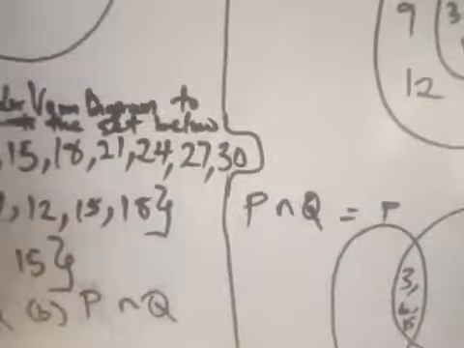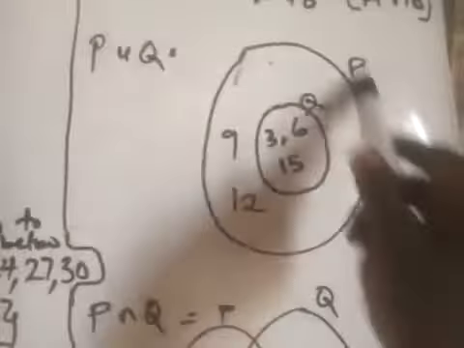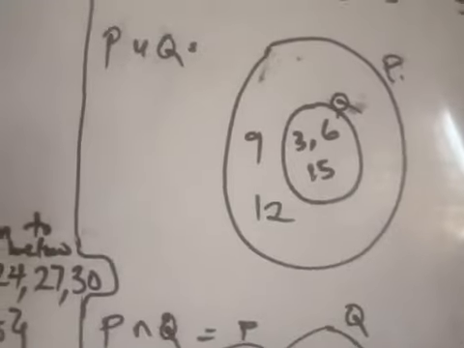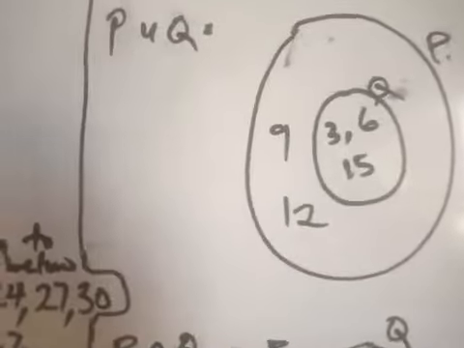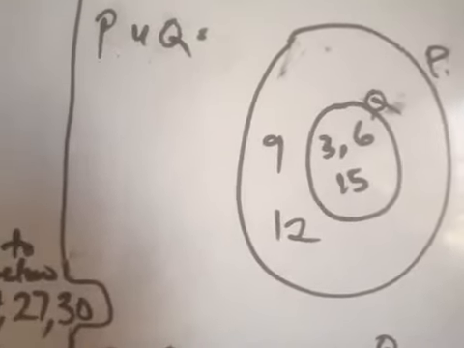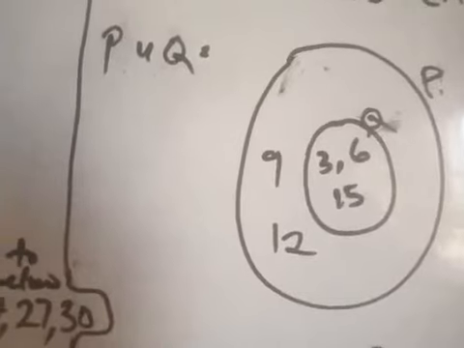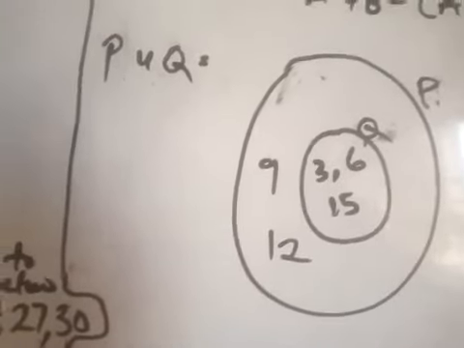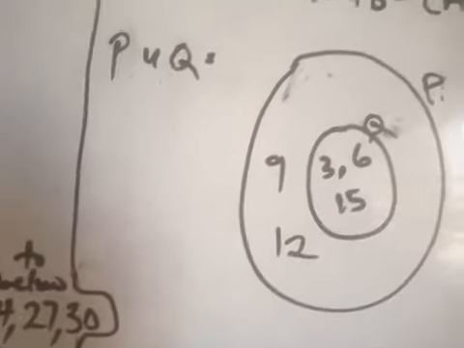Using the Venn diagram, how can you get that? You draw your circles to represent the subsets. Why do we have the small circle inside the bigger circle, which is Q inside P? Because the only elements that you can find in Q are also in P. You understand?